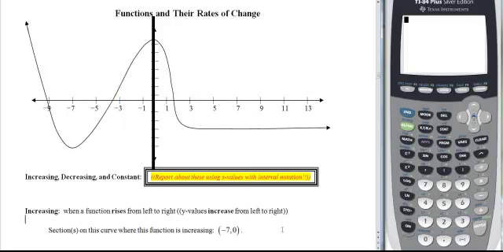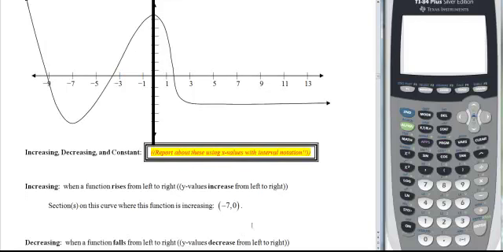And notice we use parentheses. Now the next part is, where is this function decreasing? Well, if you remember, we already had it decreasing from this side. So I hit an arrow, which means -infinity, up to -7, it is decreasing.